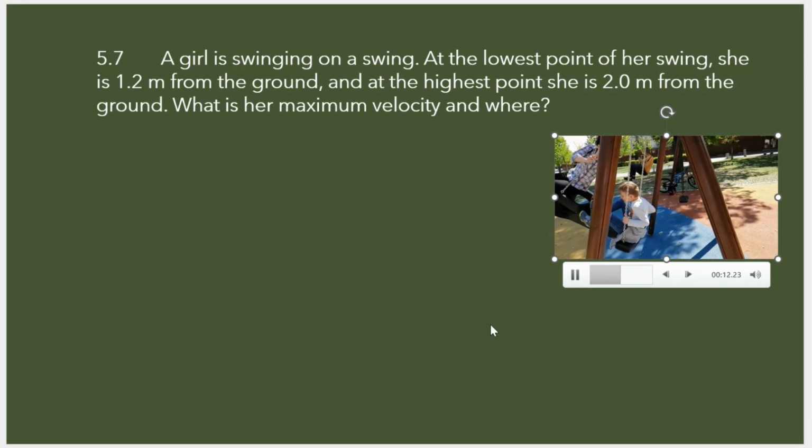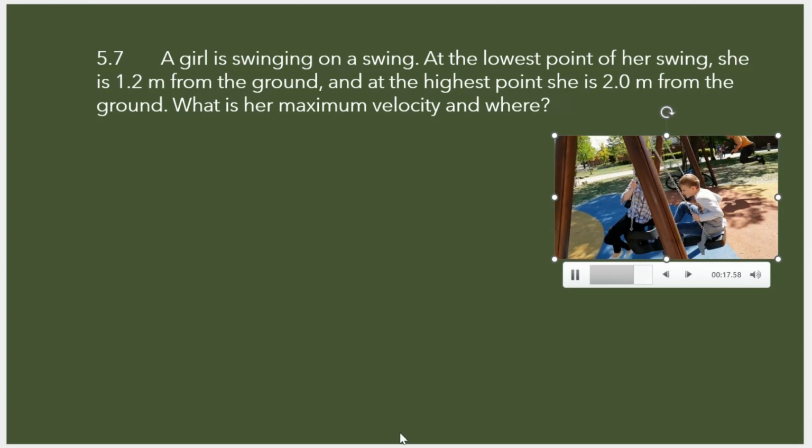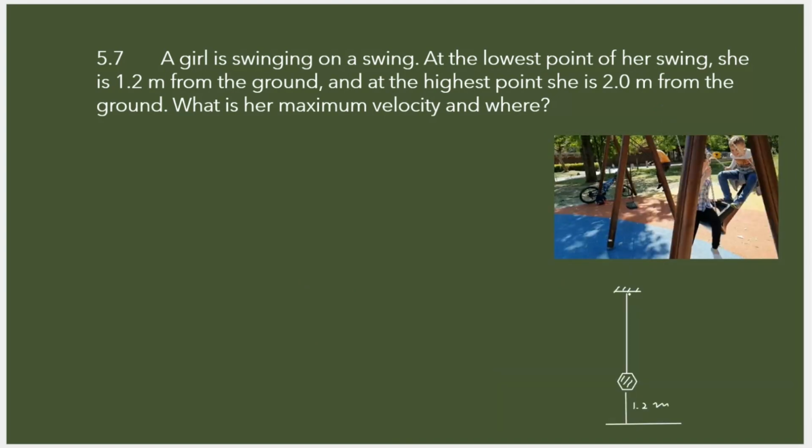So if I draw here the simple pendulum, then you will see that its velocity will be maximum at the mean position, and its height from the ground now is 2 meter.